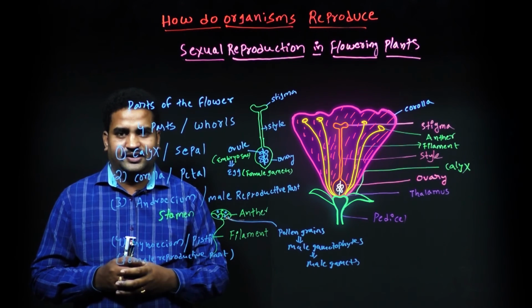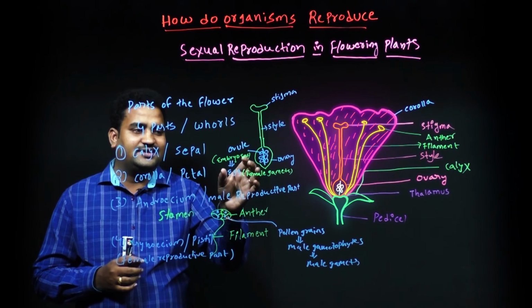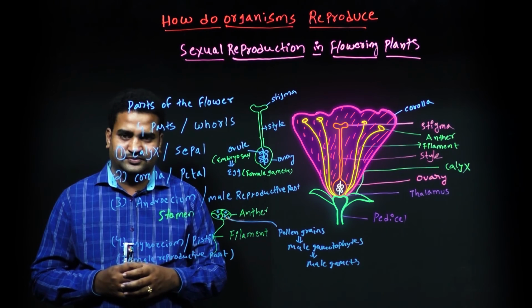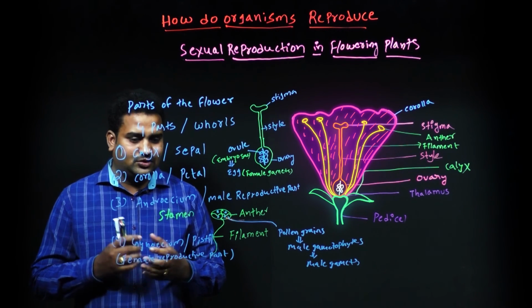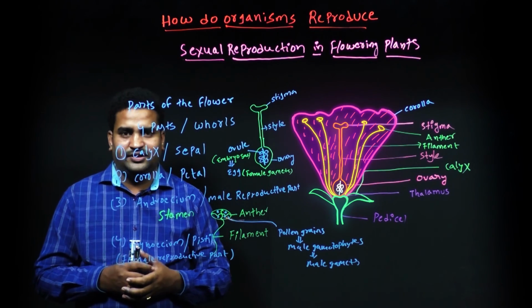Ovary contains 1 to many ovules. Within each ovule, there is an embryo sac. Embryo sac contains egg. This egg is known as the female gamete. So these are the important parts of the flower.